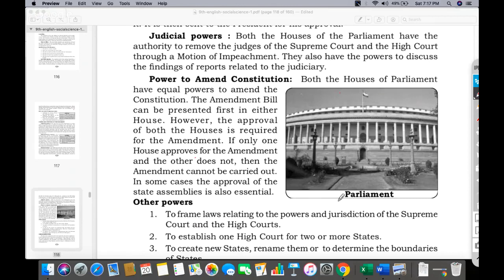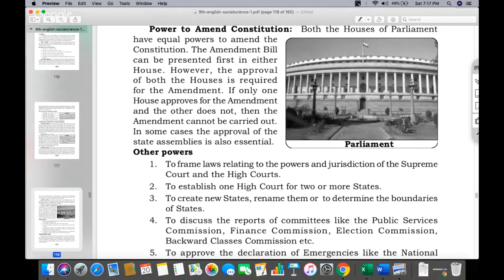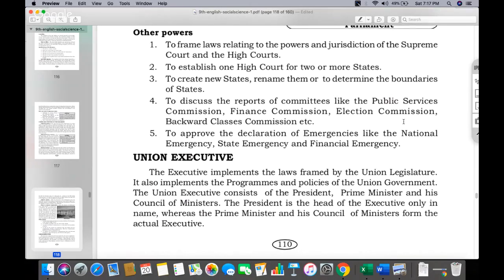So these are other powers. Parliament can frame jurisdiction. What are the different jurisdictions and power of Supreme Court? Establish high court, create new states. Recent new state was created when Andhra Pradesh was separated and two states, Telangana and Andhra Pradesh, were made.